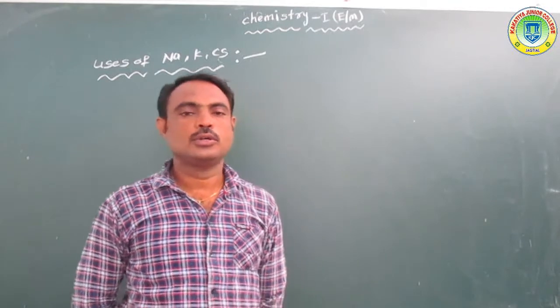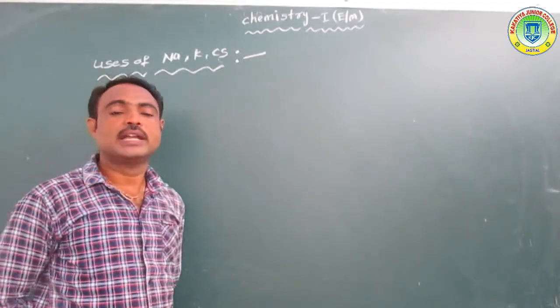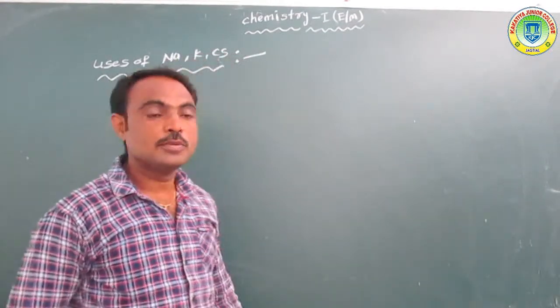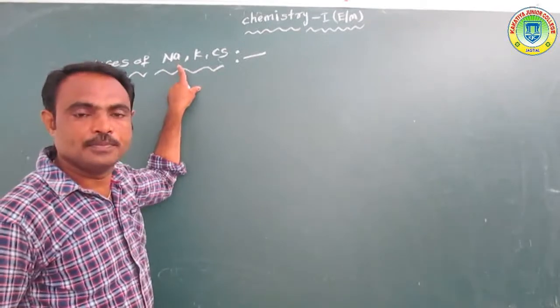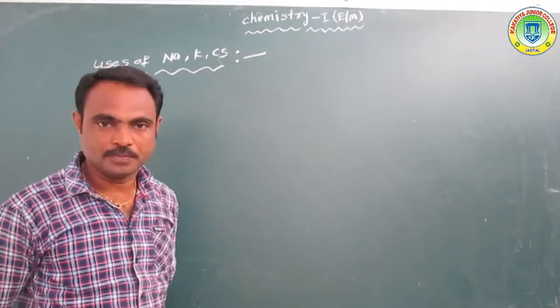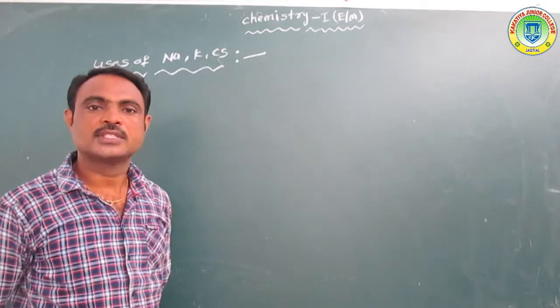Okay. So today's class is the uses of alkali metals. Which metals? Sodium, potassium and cesium.